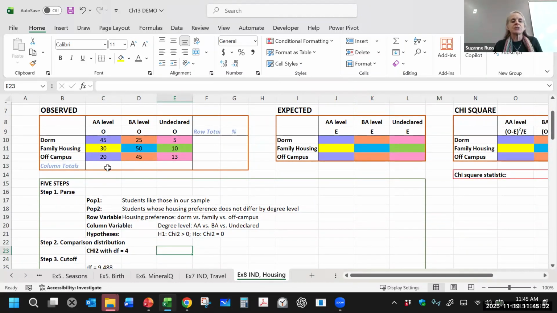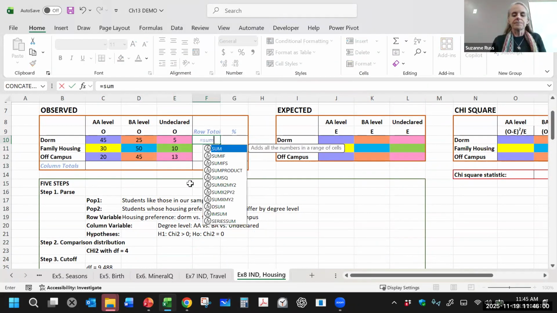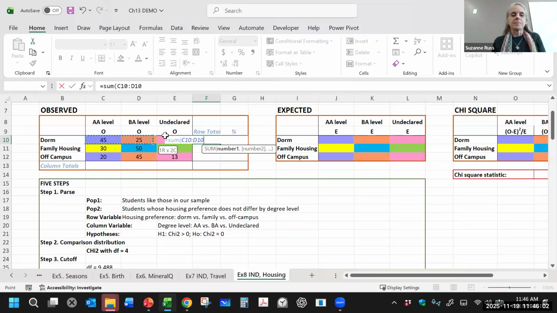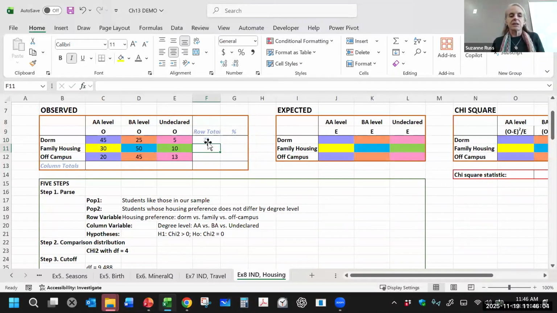You guys know what to do, right? Let's start by getting all these totals and checking them. I don't even need to talk you through it. Get the row totals. And then I'm going to ask you to calculate percents.